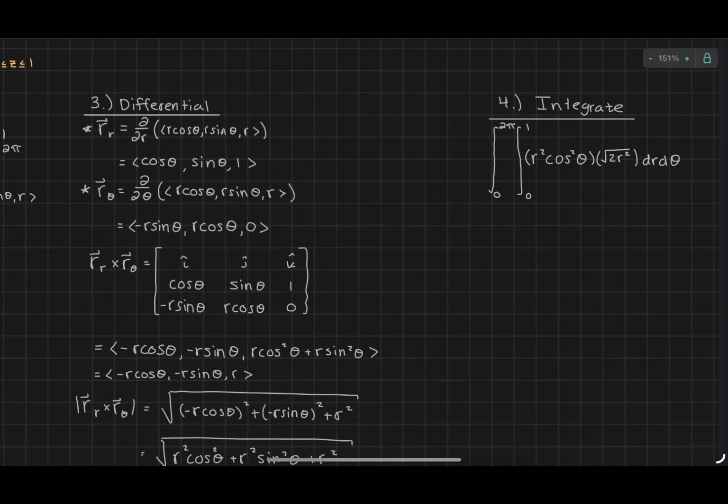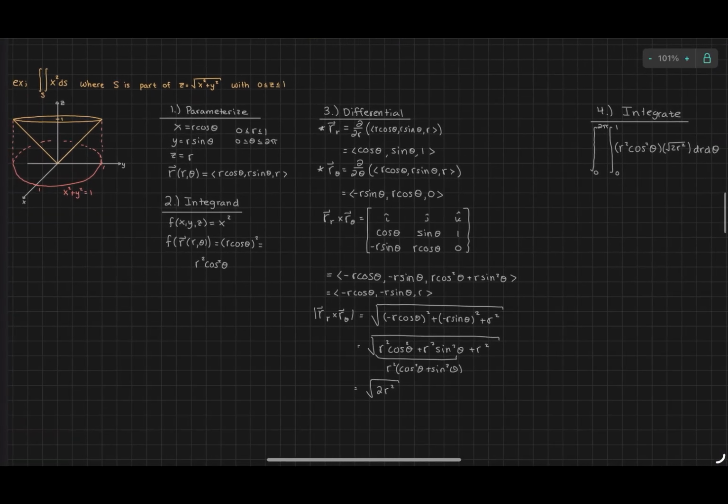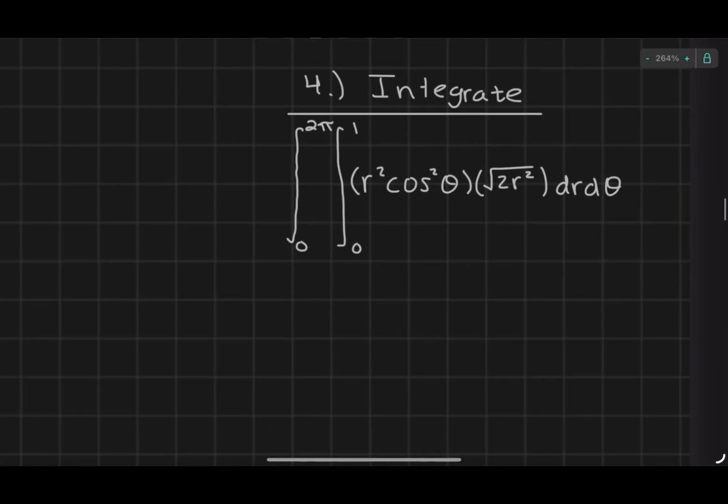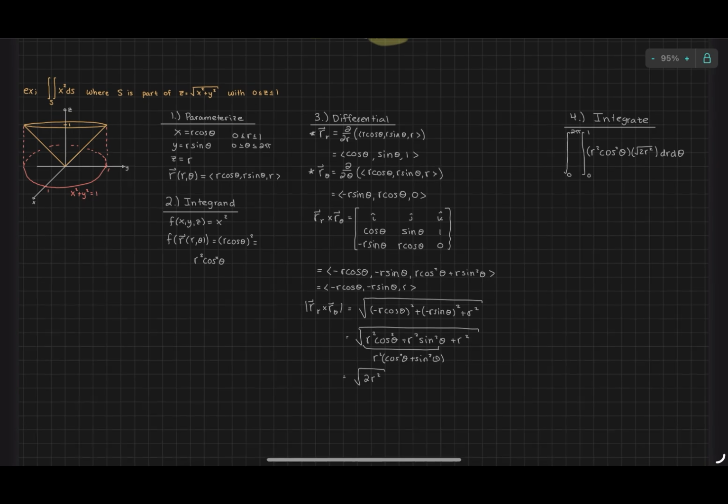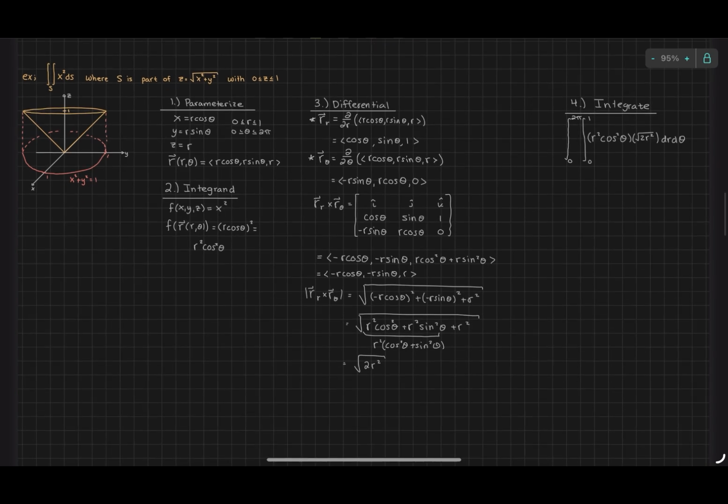I just want to make a note here. We can see that this double integral is in polar now. A question that we may be having, and I just want to address it now, is what happens to the r dr d theta? So the Jacobian, what happens there? Well, to put it simply, if we start in the proper coordinate system in our first step, parameterizing, then the Jacobian is not necessary.